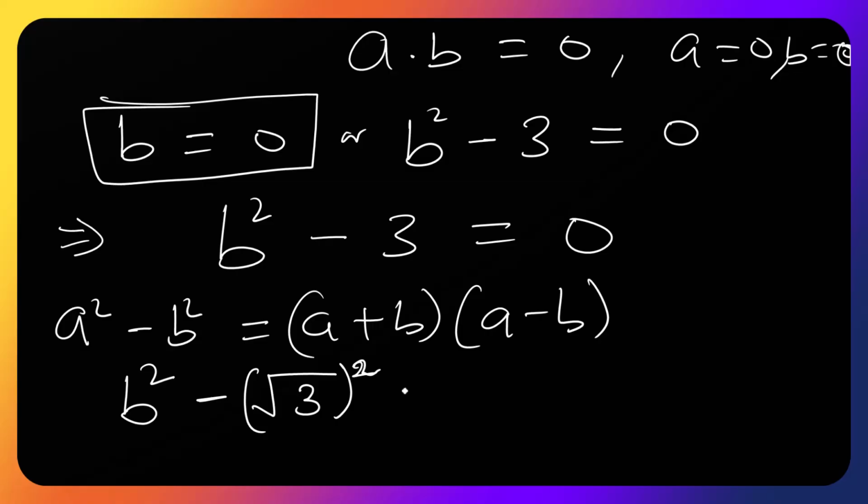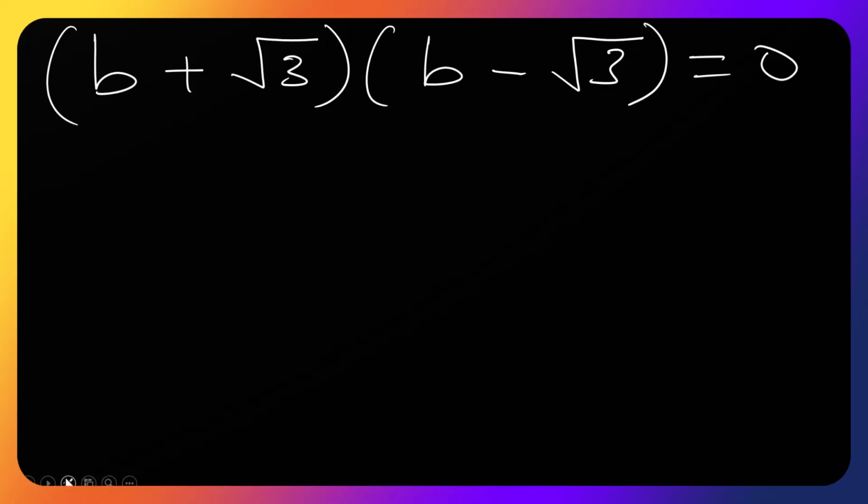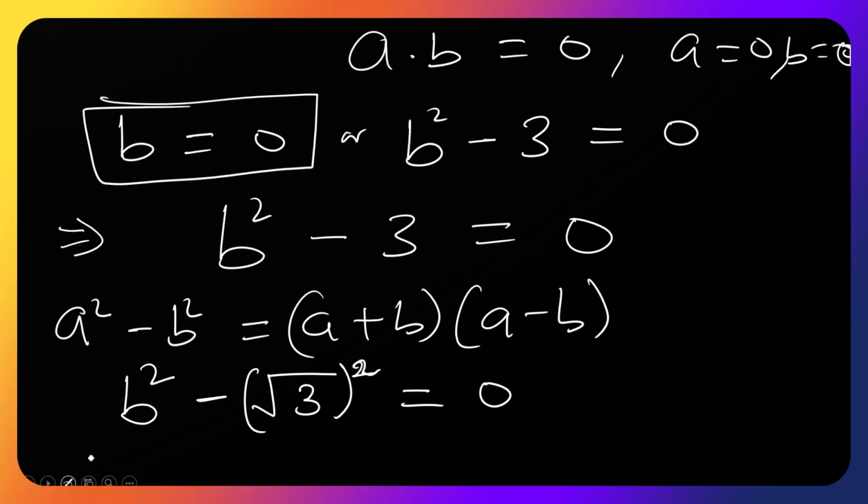Equals 0. So as we follow the rule, difference of 2 squares, we can say b squared minus square root of 3 squared is the same as b plus square root of 3 times b minus square root of 3 equal to 0. When you expand this, you surely get this.